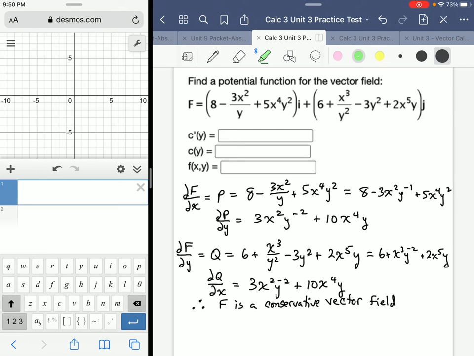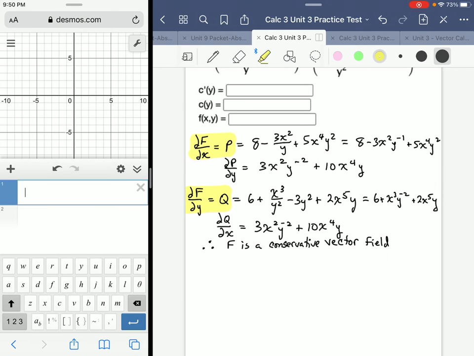Now what we can do is latch on to these relationships, which we haven't really used yet, but we can use them now, and that is partial f with respect to x is equal to P, which leads us to partial f is equal to P dx.